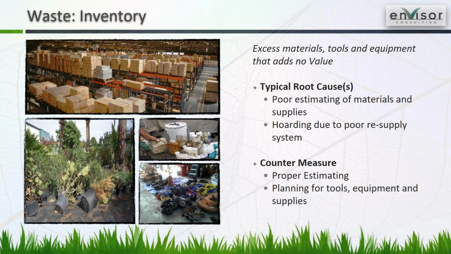And the other area that we have some risk with inventory is with chemicals and fertilizers, agronomic products. Those materials are much more durable than plants, obviously. Where we sometimes trip up is managing open containers.